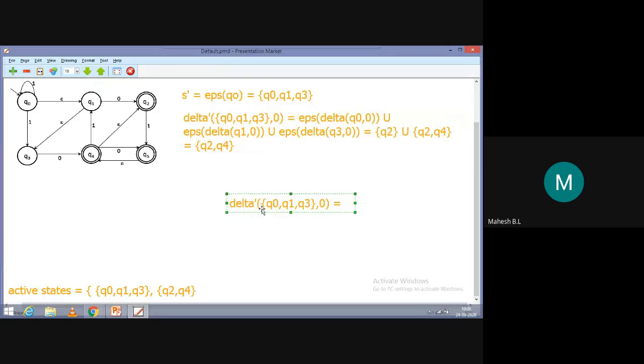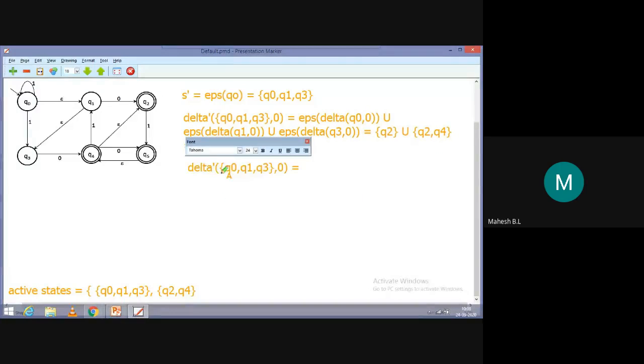I need to compute delta dash of q0 q1 q3 on 1, which is nothing but epsilon of delta of q naught comma 1, union epsilon of delta of q1 comma 1.